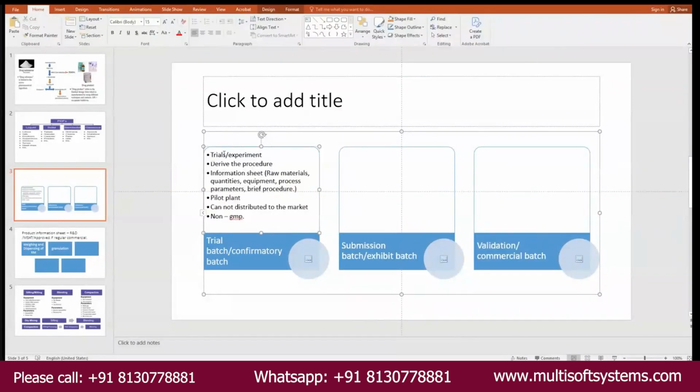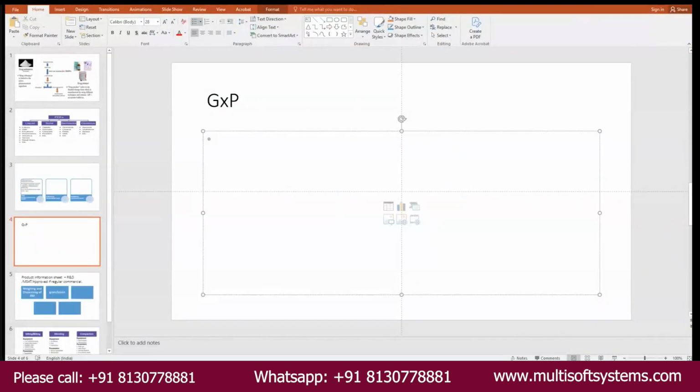So this is nothing but the trial batch or confirmatory batches. The majority of pharmaceutical industries are not following any MES practices or any MES software for this type of trial batches.